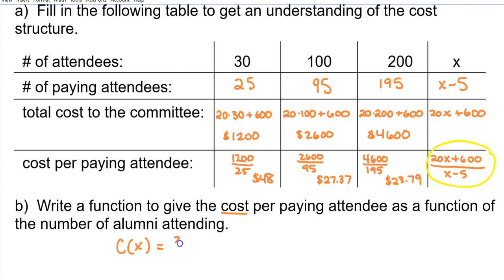So c of x equals (20x plus 600) divided by (x minus 5). And hopefully you realize, based on all the work we did earlier in the lesson, that this is a rational function, and so it will probably have a horizontal asymptote, a vertical asymptote. We could find limits and all that kind of thing.